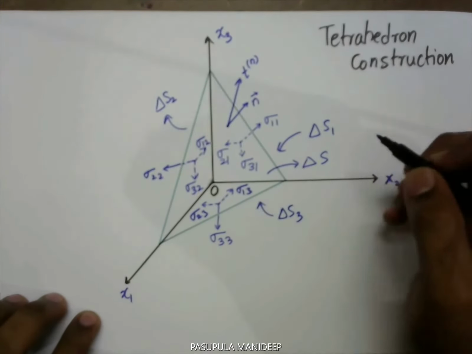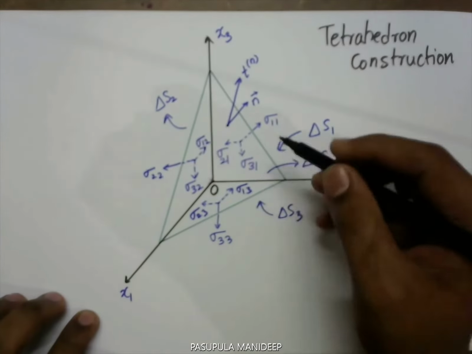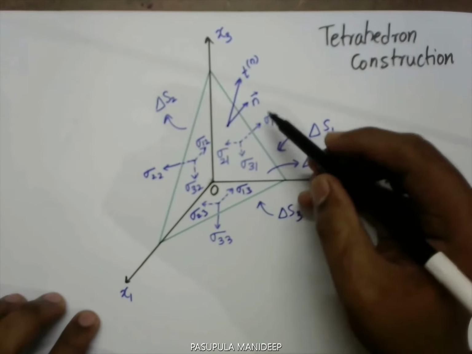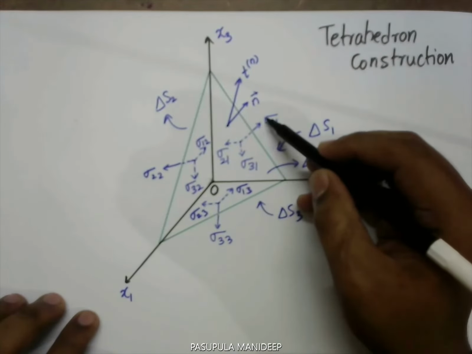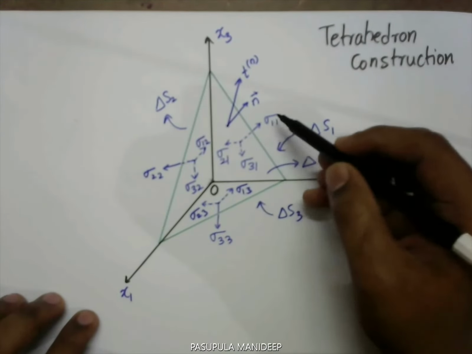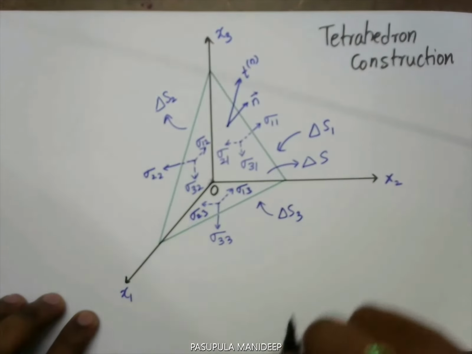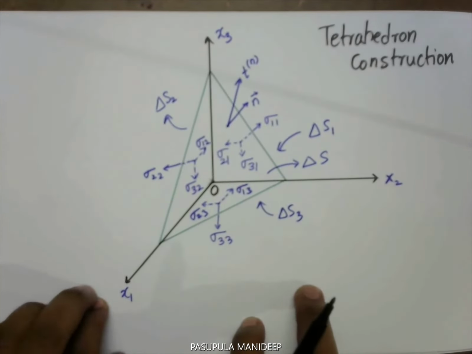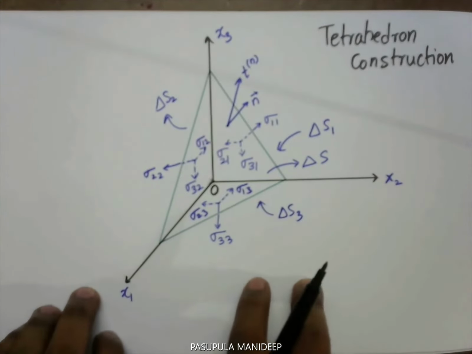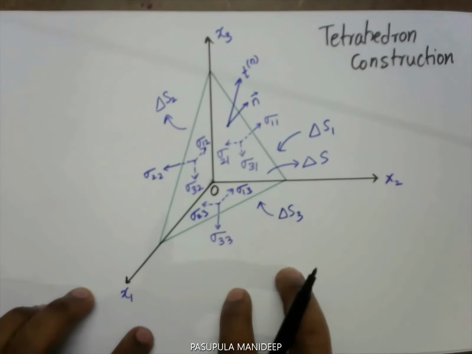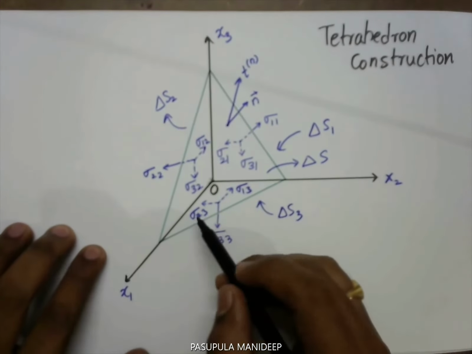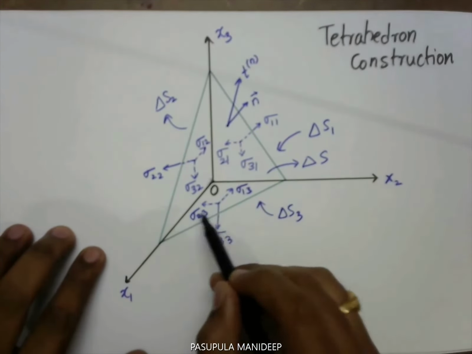The stress tensor is a second order tensor and it has 9 components. We should show all 9 stress components on this tetrahedron free body. We consider that the tetrahedron is in equilibrium, so we do a force balance. We first represent all the stresses acting on it in the different directions.